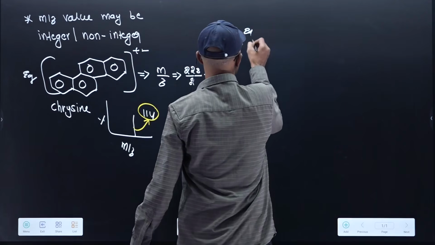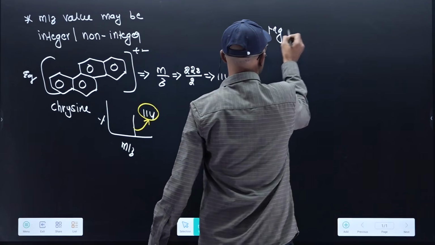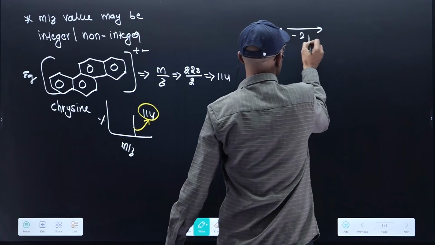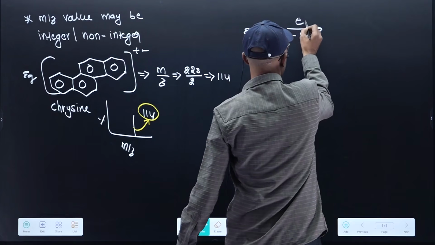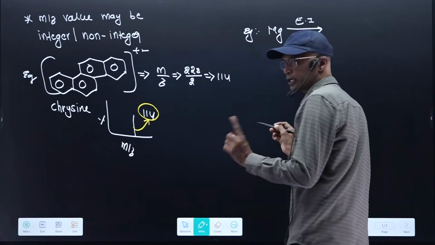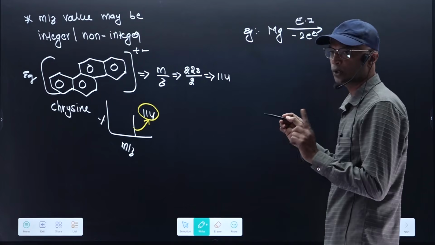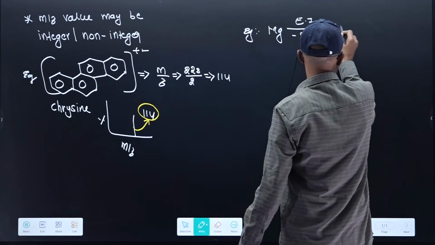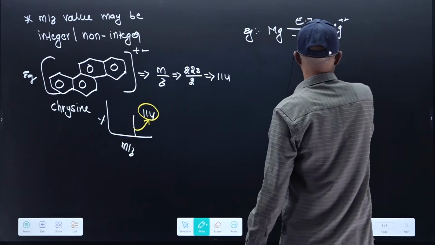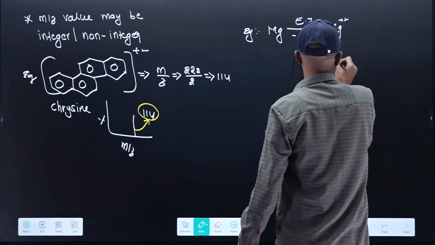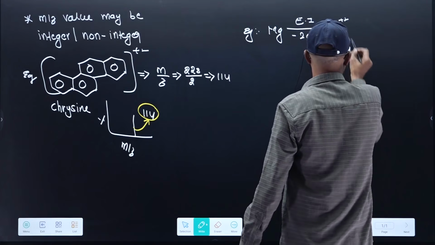So even if you take magnesium metal, it can have a tendency to lose 2 electrons during electron impact. It won't lose 1 electron, it may lose 2 electrons at a time because it belongs to group 2A. So when magnesium loses 2 electrons, this is Mg plus 2. And if you want to calculate the m/z value, normally the mass of magnesium is 24 divided by 2.